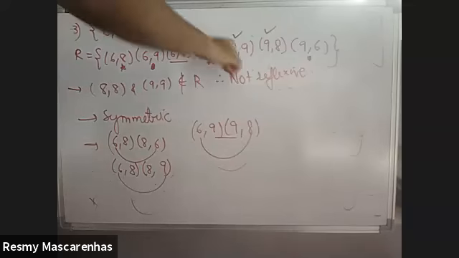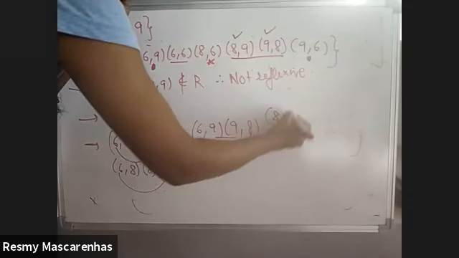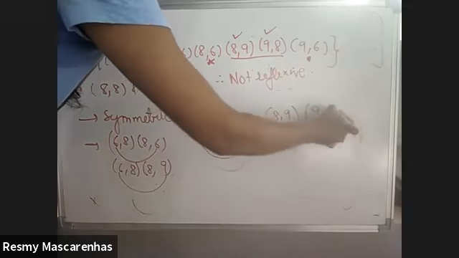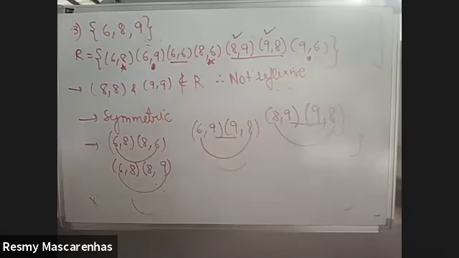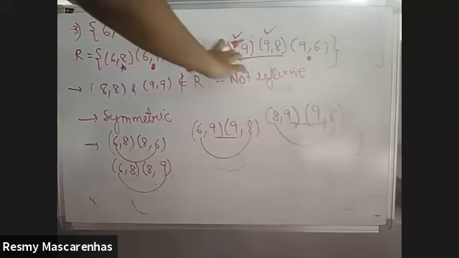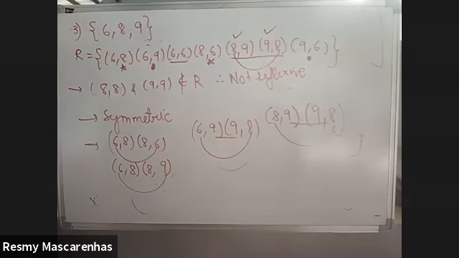Same way you can try. Now try this: 8, 9, 9, 8. Is 8, 8 there? You can check this pair. See, both numbers are same, so this pair should also have been there. But 8, 8 is not there.